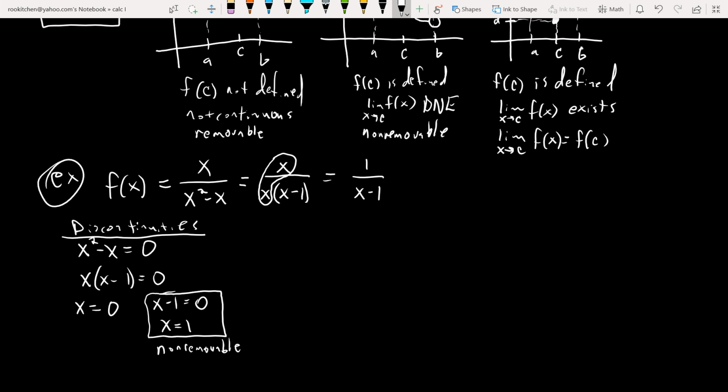The part that I removed, the x over x, then corresponds to the other discontinuity, the x equals 0. And when you have that x over x or whatever over whatever situation, that will be a hole in the graph. Okay, so the actual graph, if you were to draw it out, there's going to be an asymptote at 1.